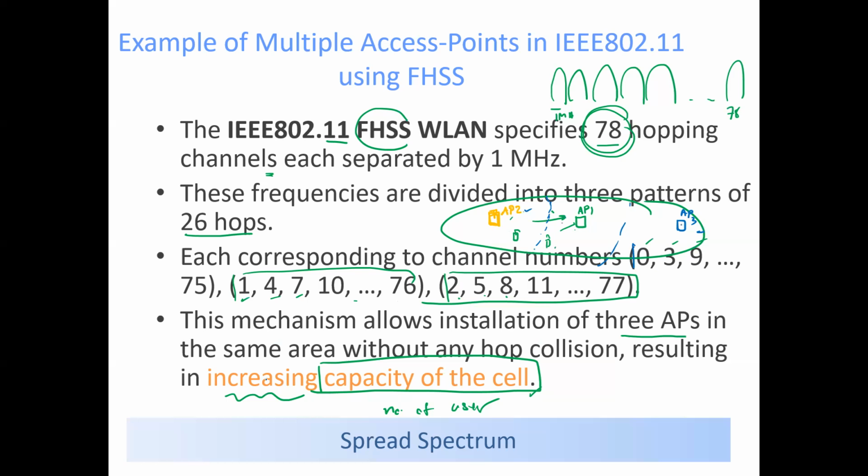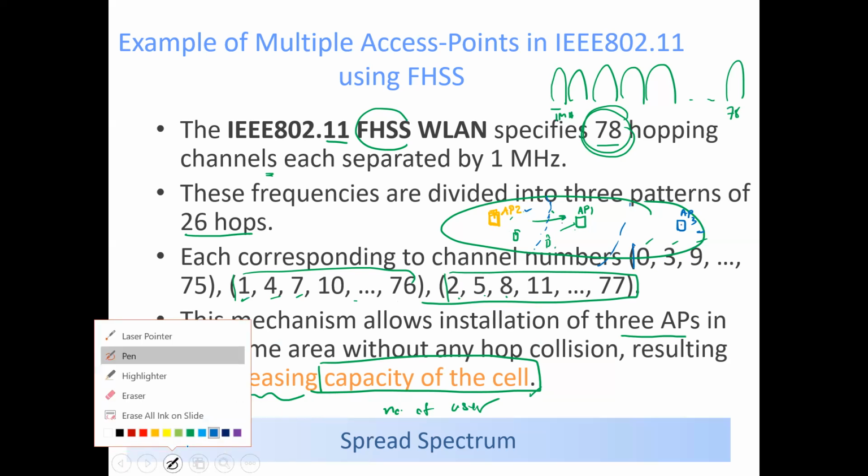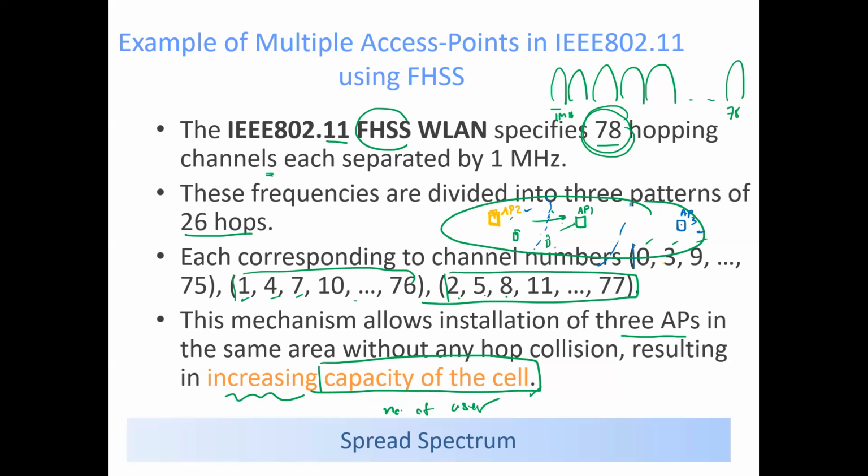You know what I mean, right? So for AP yellow, it is assigned to use this sequence. Every device that wants to connect to AP2 should send information by jumping the frequency in this sequence. If the user accesses AP1, it should jump with this frequency.